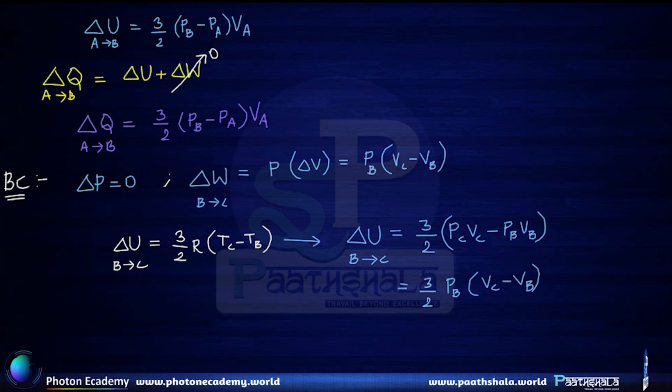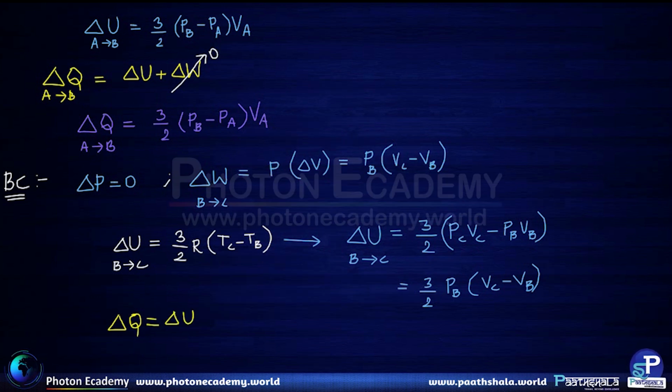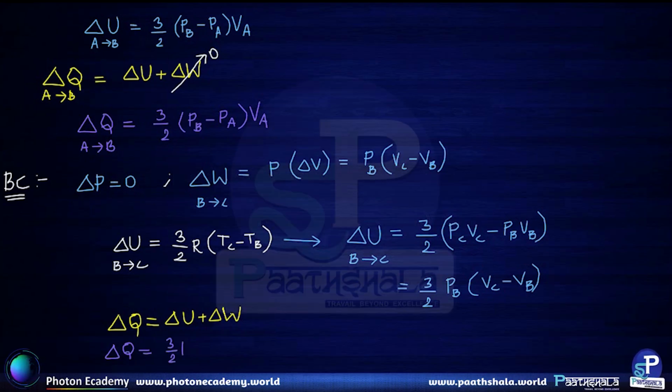From the first law of thermodynamics, delta Q will be equal to the sum of the change in internal energy and the work done by the system. We find delta Q is equal to 3/2 PB (VC minus VB), which is the change in internal energy, plus PB (VC minus VB), which is the work done in the process.